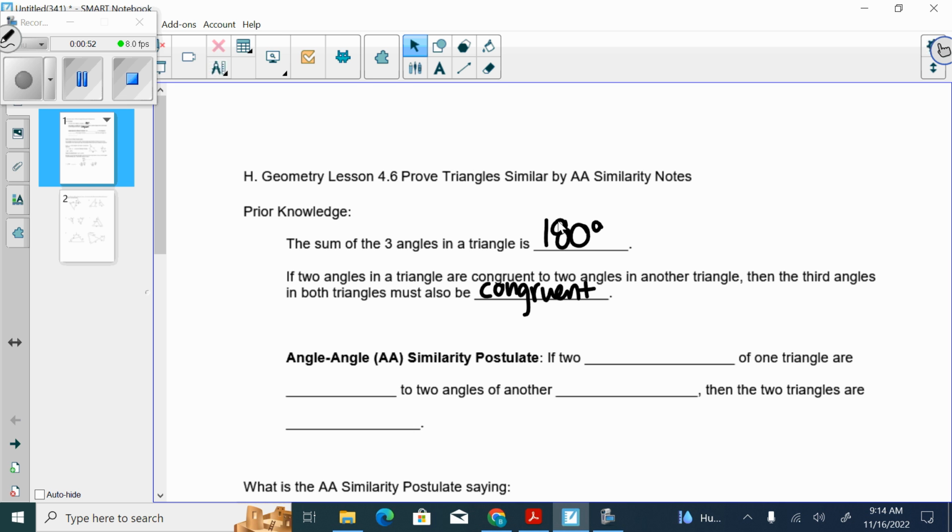So let's say we had two triangles here. Maybe they're both right triangles. I know this piece and then this triangle is a lot bigger. So I know that they're both 90. And let's say we also know that this angle here is 40 degrees and that this angle here is 40 degrees.